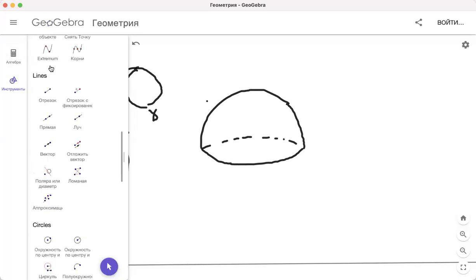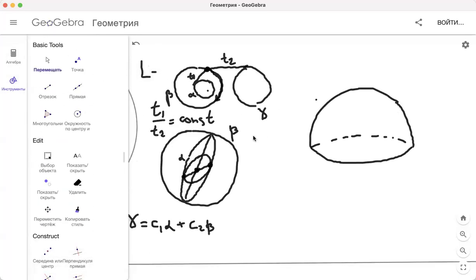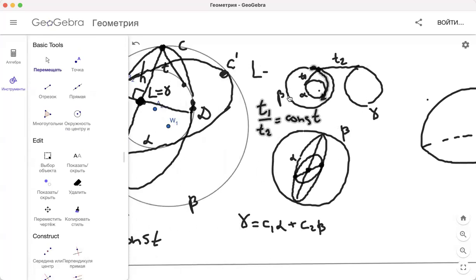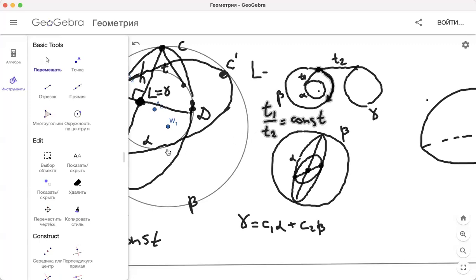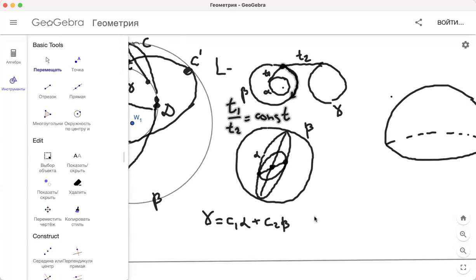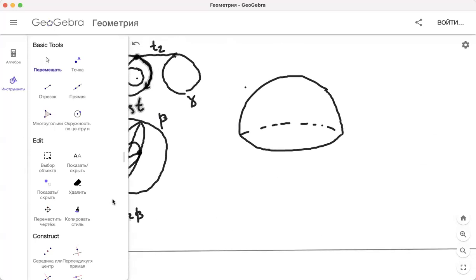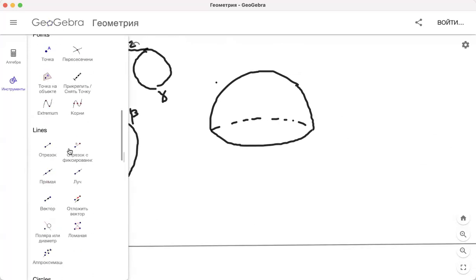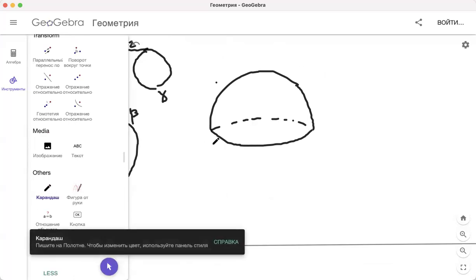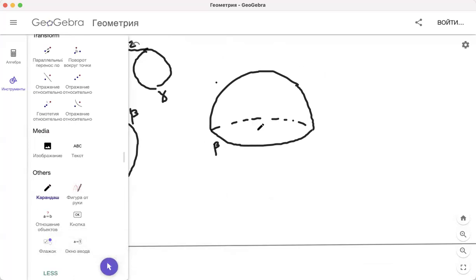So here we have circle beta. Here we have circle alpha.